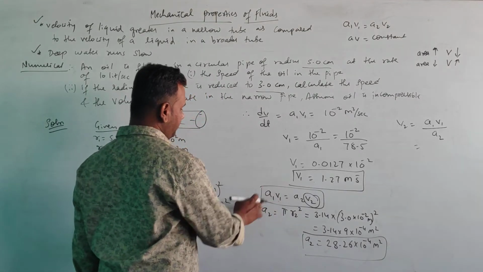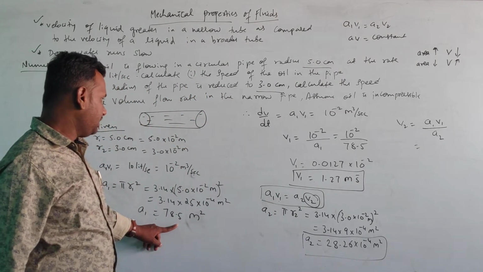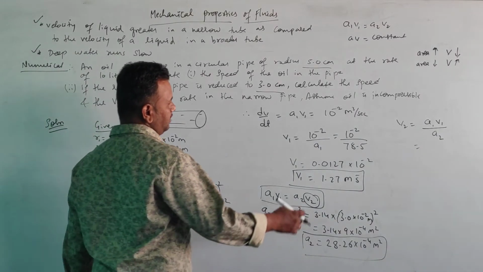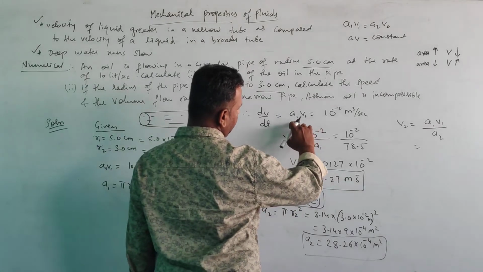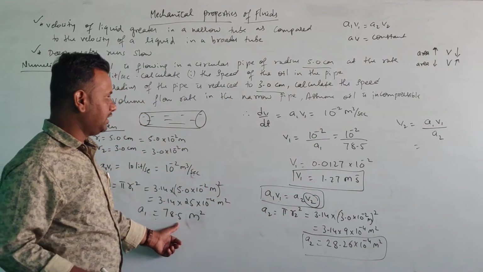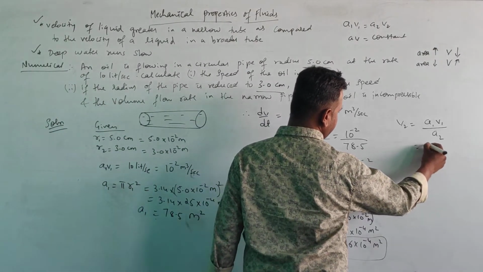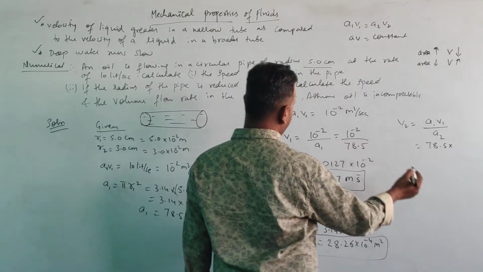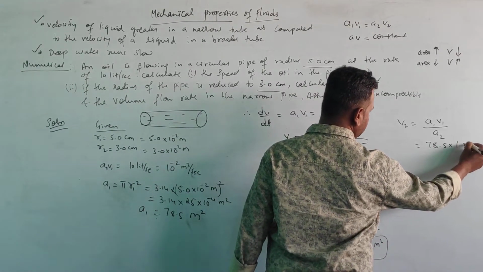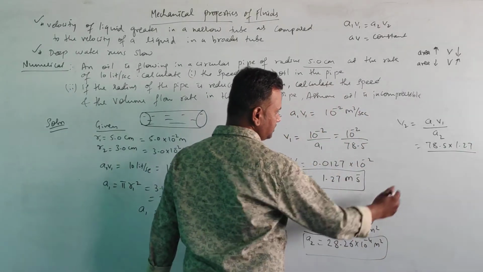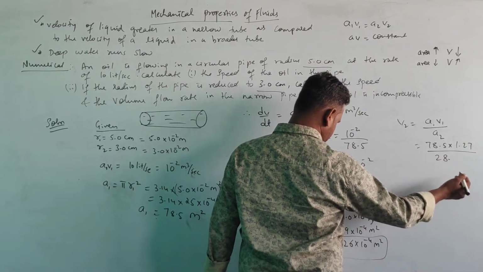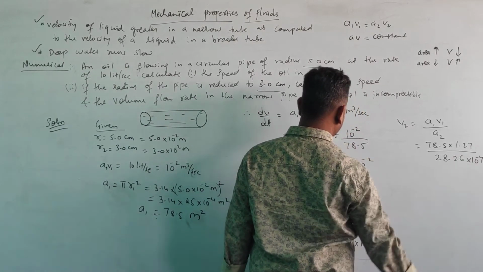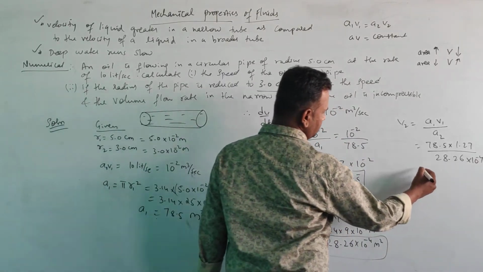Here A1 V1 is 10 to the power of minus 2, and A2 is 28.26 into 10 to the power of minus 4.